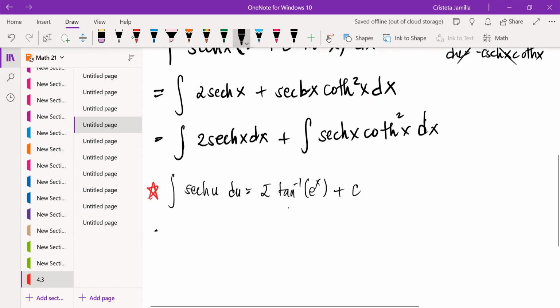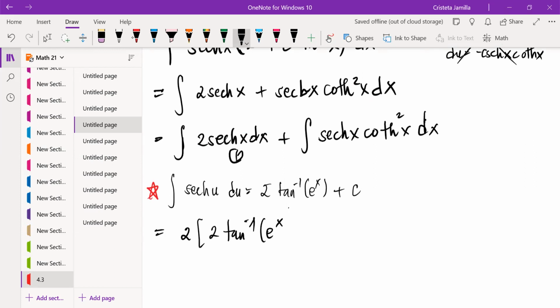So therefore, for the first integral, we already have 2 times the quantity 2 tangent inverse of e raised to x, and then plus the integral of this one. But a technique that I usually do for this function is to rewrite it in terms of sines and cosines. So hyperbolic secant is 1 over cosine of x.